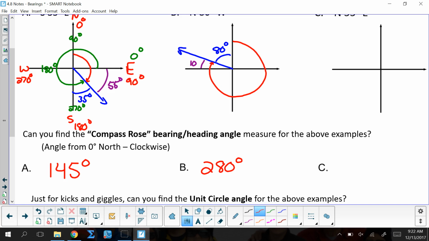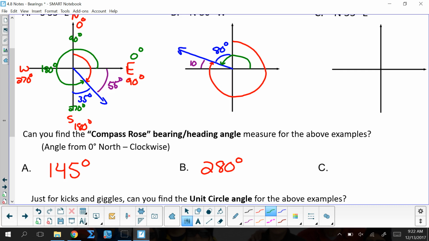Or I could have done 360, because that would be back to north again, minus 80. Trig angle, might as well just go off of that one too. Trig angle is 0 to 90, plus 80 more gets me 170.